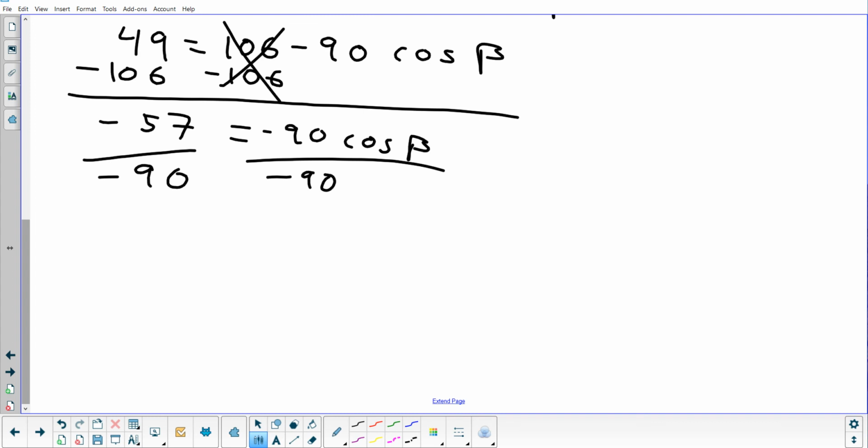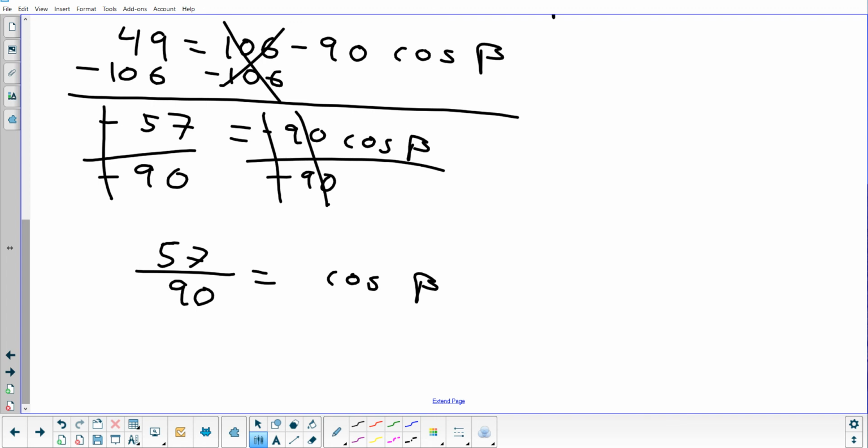The 90's gone, and the negatives are gone. So now you have 57 over 90. Don't do that out. We aren't getting any rounding in this whole problem, so we're about to round in the next step.